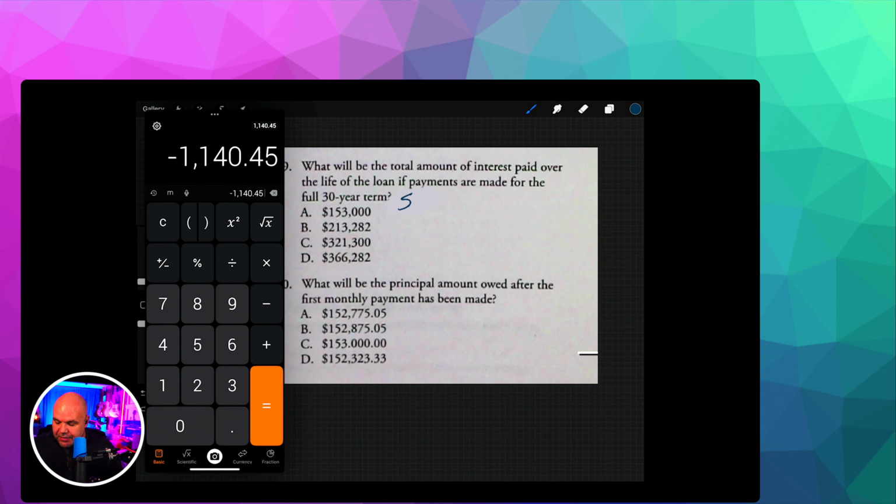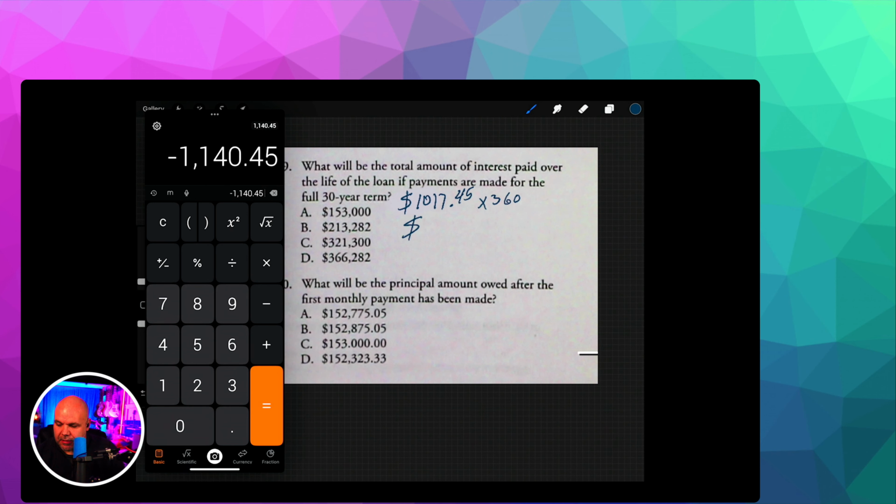So we take our monthly payment that we calculated, $1,017.45 per month, times how many payments there are going to be, 360 total. That's 30 years of 12 months, 12 times 30, 360 total payments.